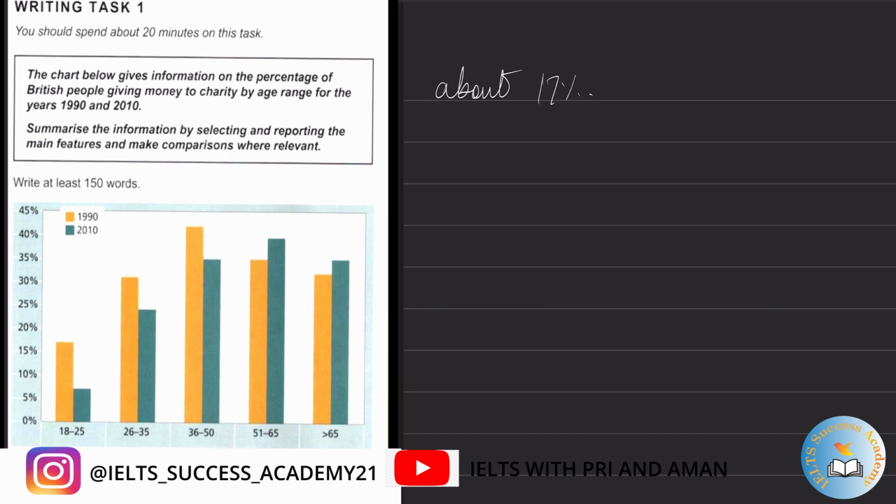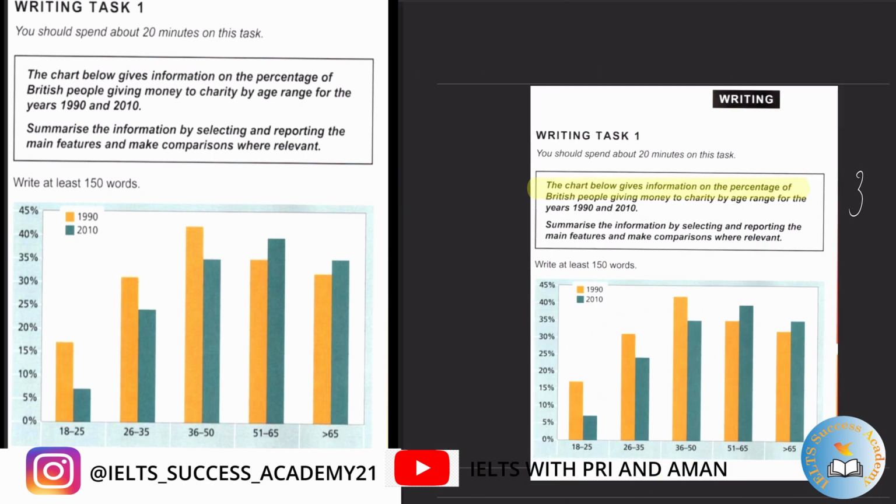One mistake that you could make is to write donated about 17% of their income. Now this is wrong because nowhere is it shown that they are donating from their income. It could be presumed, but it is not shown anywhere here that they are donating from their incomes. So, donated about 17%.